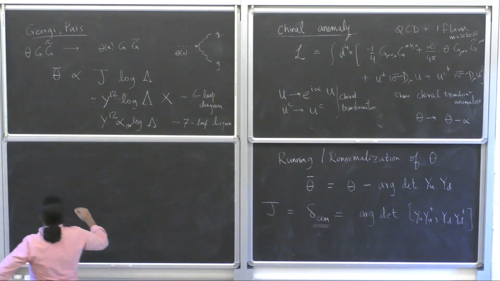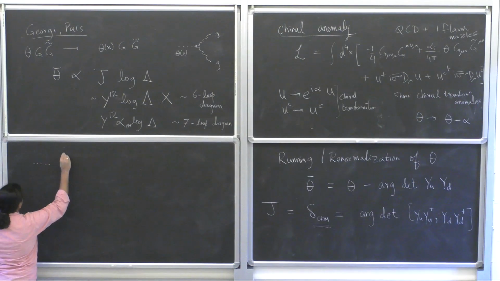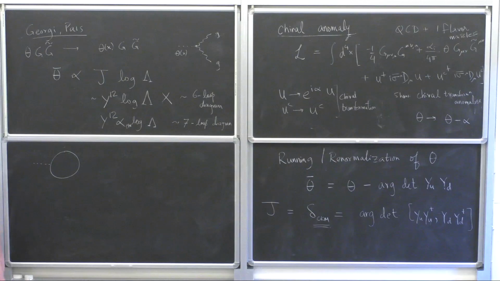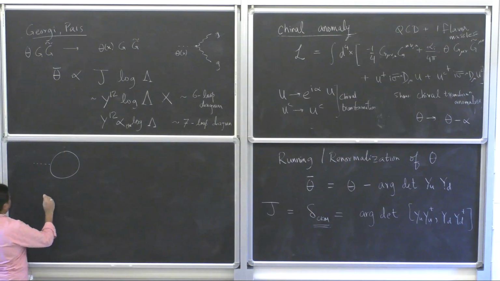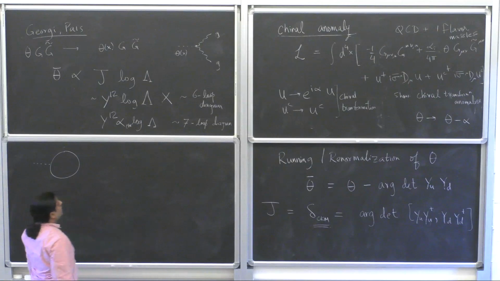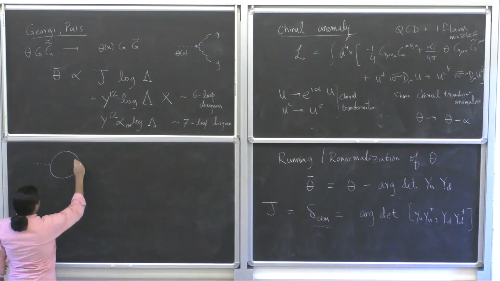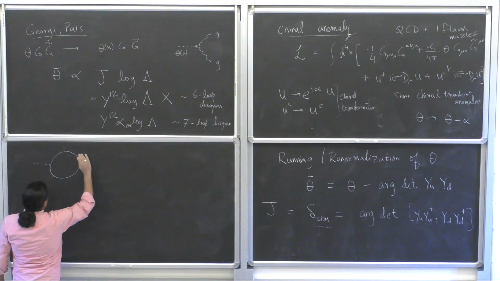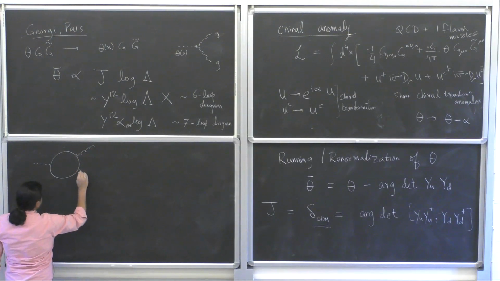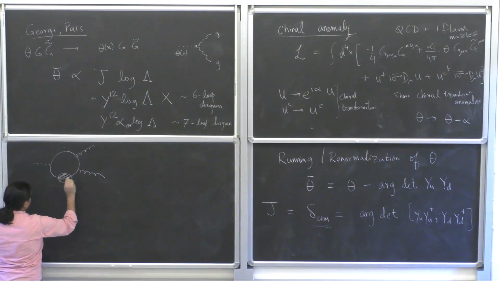A contribution that looks like a renormalization of just the quark mass. So remember, we're trying to draw that diagram, theta gluon dual, and estimate the correction to that diagram through quantum effects. So a diagram that comes through the renormalization of the quark mass looks something like this.